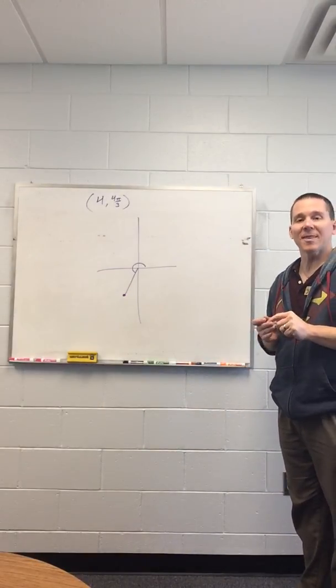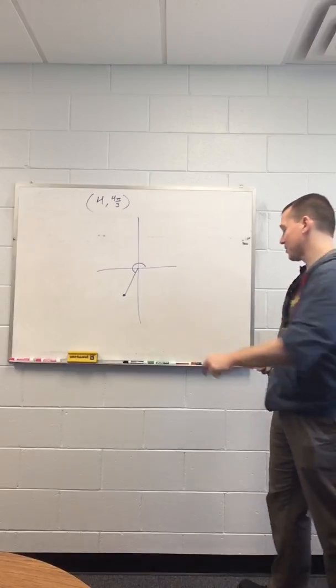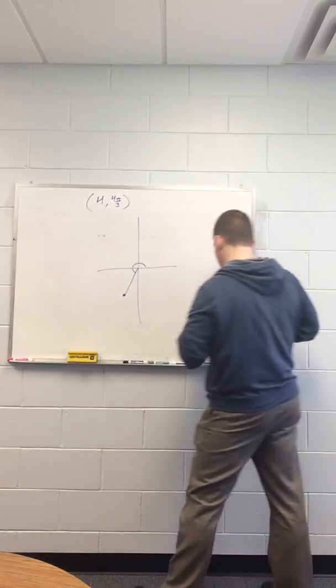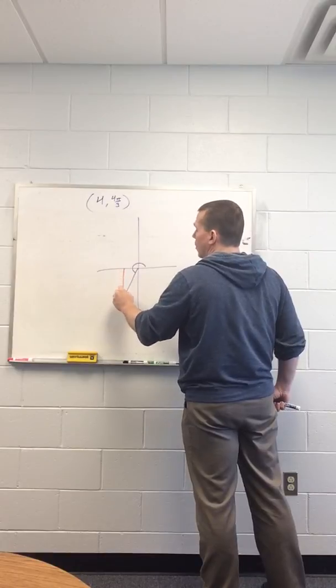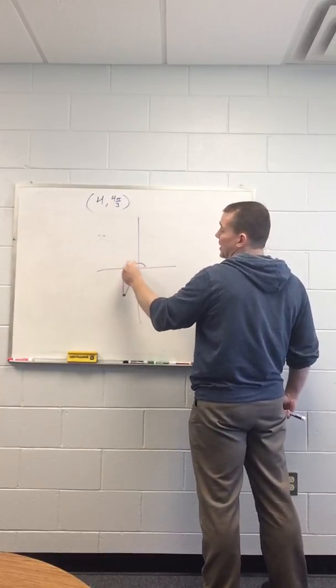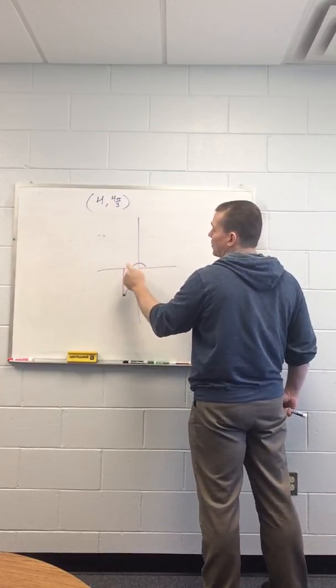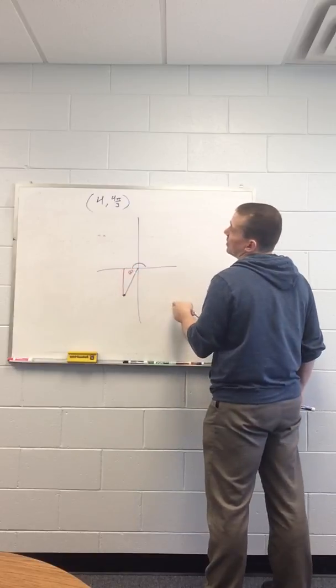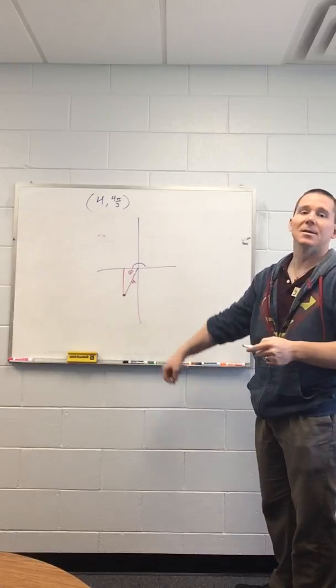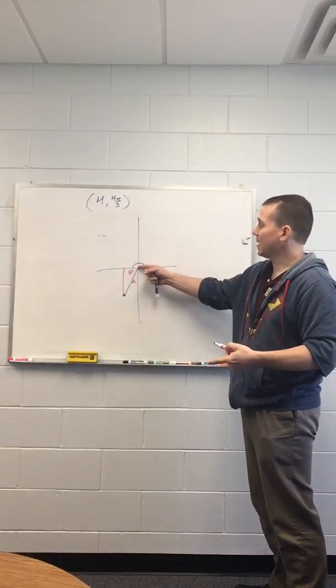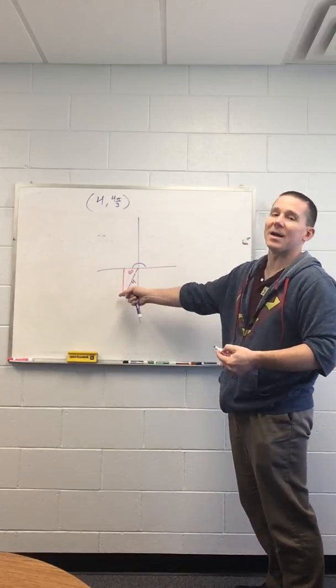Now I just want to convert that to rectangular coordinates. But, well, I can just draw a triangle. We know if this is 240 degrees, this angle right here on the triangle is 60. We know this is equal to 4 because it's the radius. Now to find the rectangular coordinate, I just need to find x and y.